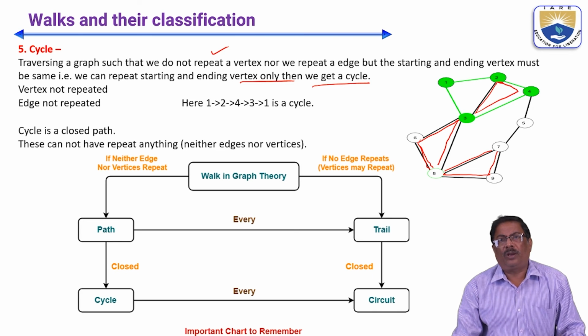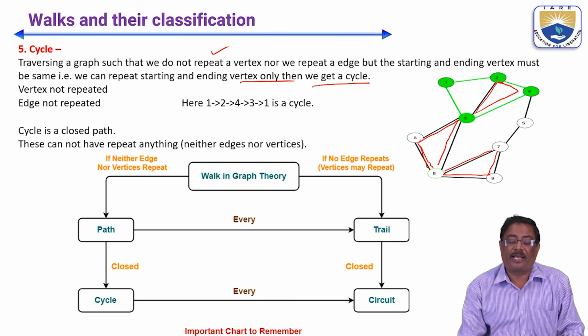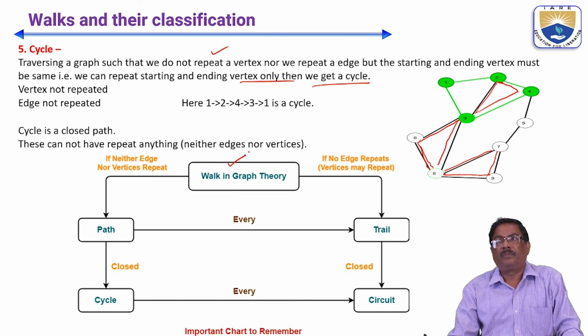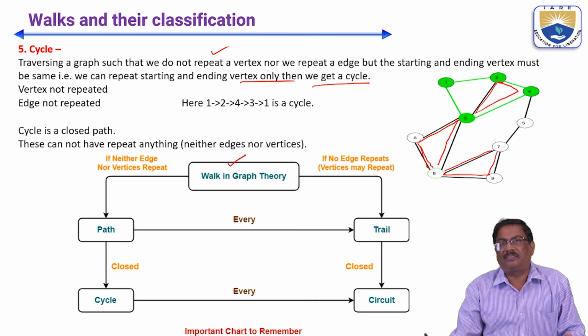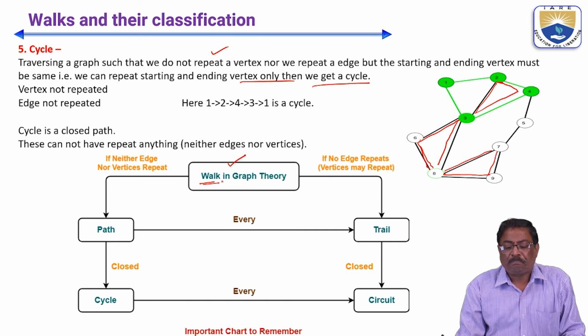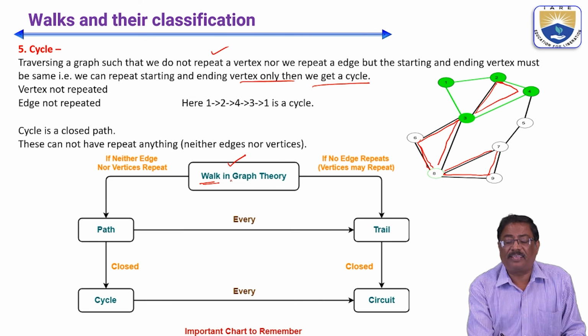Now, we are going to condense all these things in one diagram. A walk in graph theory is a sequence of vertices and edges. A walk can be a closed walk or an open walk.